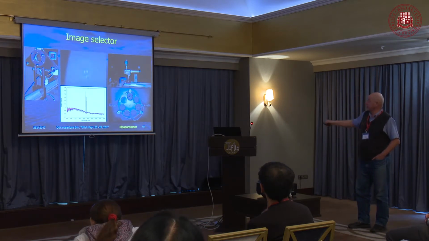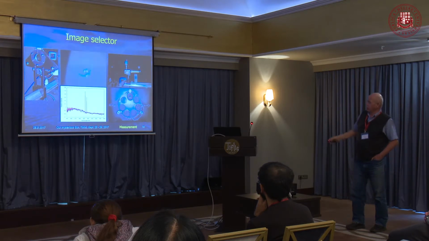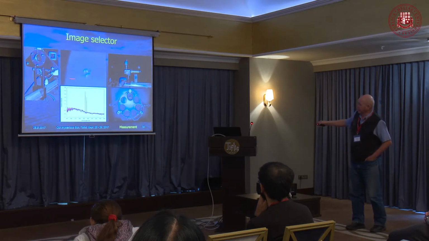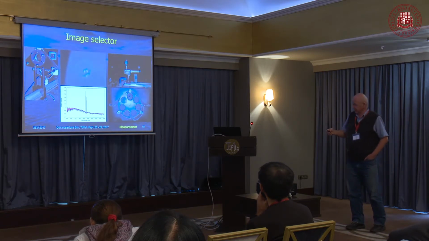And this system is used for taking pictures of the sun. You can see here a flare, and you can see here the reflecting rings. Only the light which comes through the ring takes part in the measurement of spectral flux.